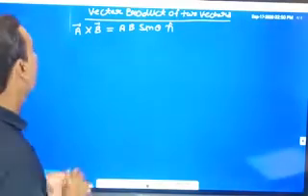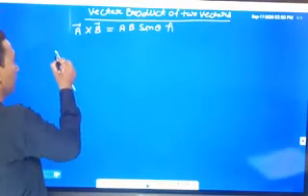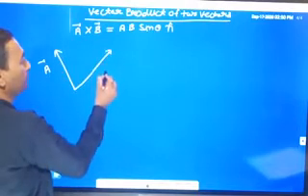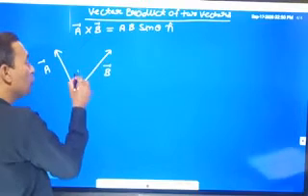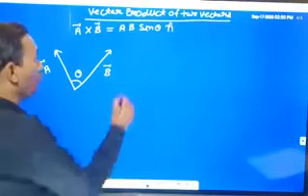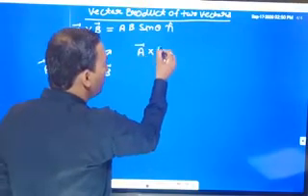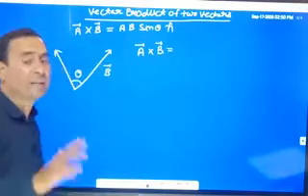What is that right hand rule? Let us assume that this is a vector and this is b vector, and the angle between these two vectors is theta. So when we find a vector cross b vector, what is the right hand rule?